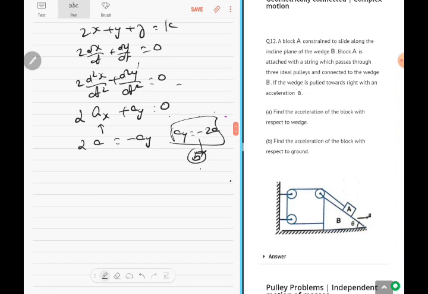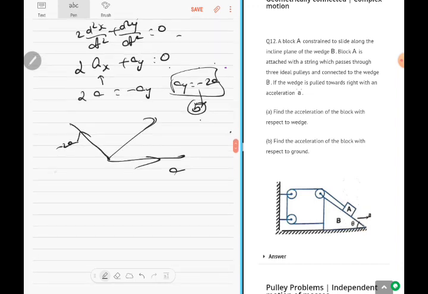Then the first part is to find the acceleration of the block with respect to the wedge. You know the block is going to rise up in this direction while the wedge is going in this direction. The acceleration of this is a and this is minus 2a, and so the resultant will be in this direction. According to the parallelogram law, the root of A square plus B square plus 2AB cos theta, where it is 2 into magnitude of A into magnitude of B into cos theta.